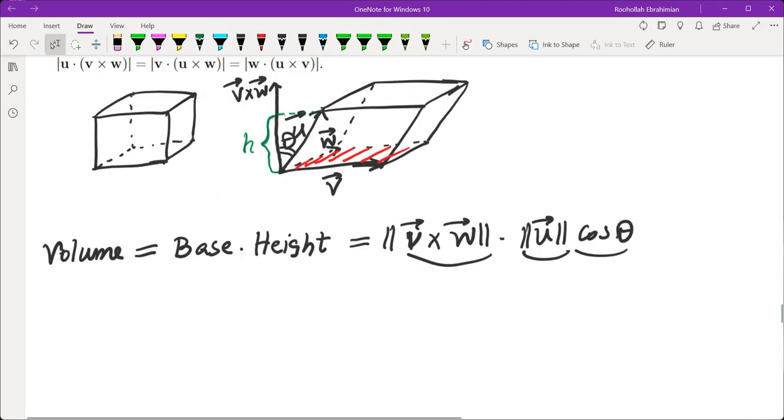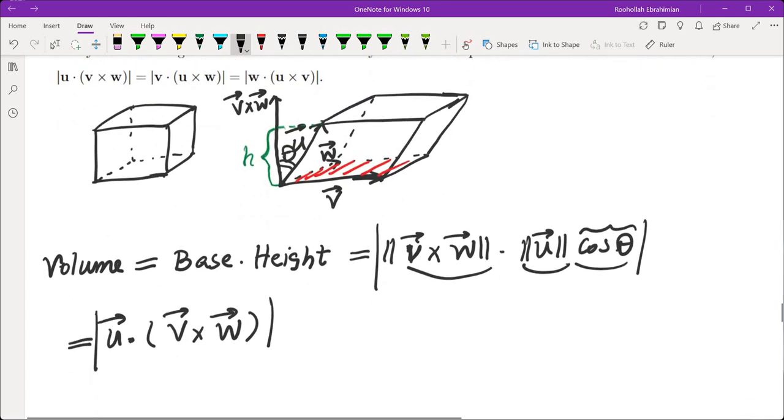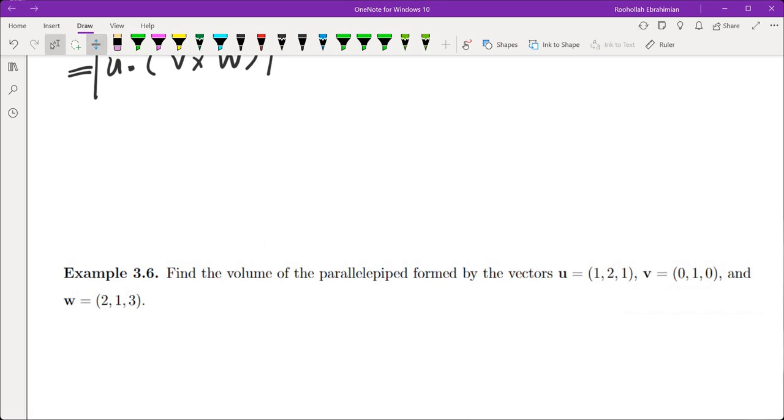Well, that's exactly the dot product, so that is U dotted with V cross W. Except because we want to find the volume, volume would have to be positive. That's why I have to take the absolute value, because cosine could sometimes be negative. So that's the formula for the volume of the parallelepiped.